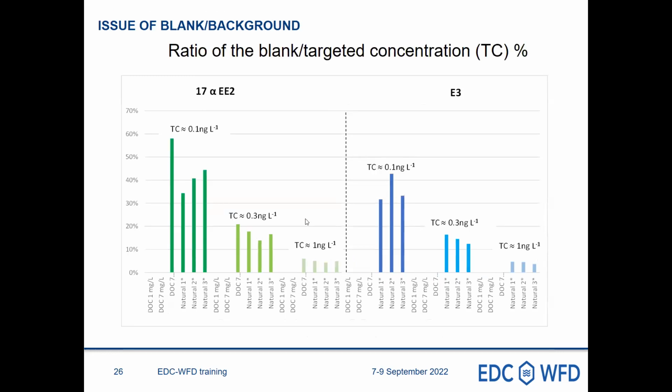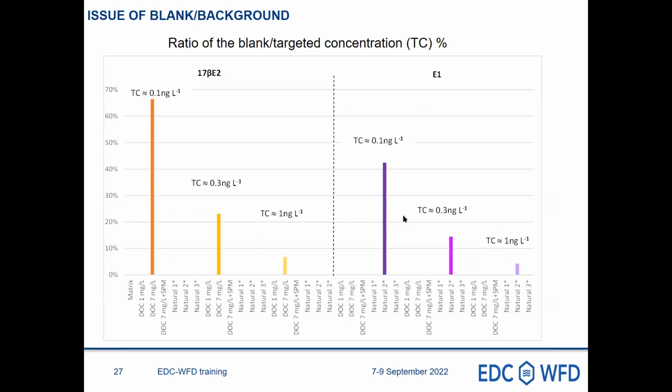Once again, the same example. So this is really critical when you have to demonstrate the performance of the method for this compound. This is also why it legitimates the choice of working with synthetic water designed at lab. This is a very good reason to use this strategy.